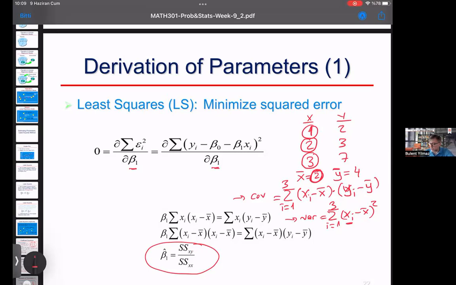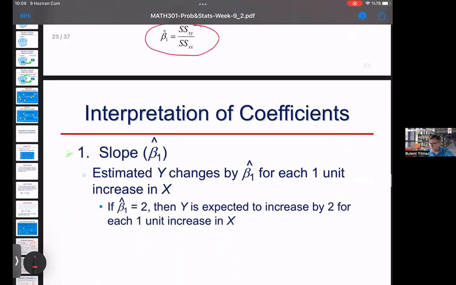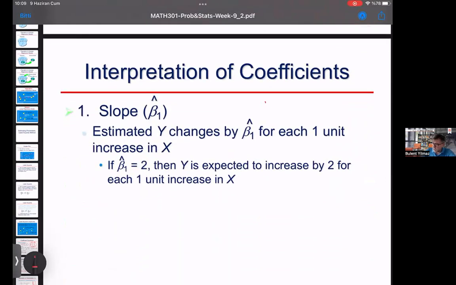Okay, so finally, what do we have? I have a prediction of y for each i value. I have a beta 0, which is my sample intercept, plus my slope, beta 1, times my xi.